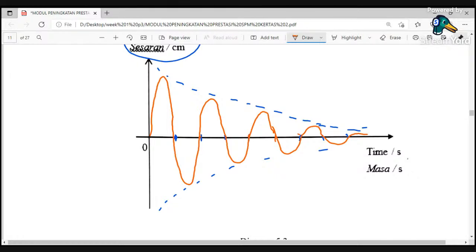Okay, sekurang-kurangnya mesti 2 wave. Then only we can see wave dia punya amplitude decreases ataupun sesaran displacement decrease.